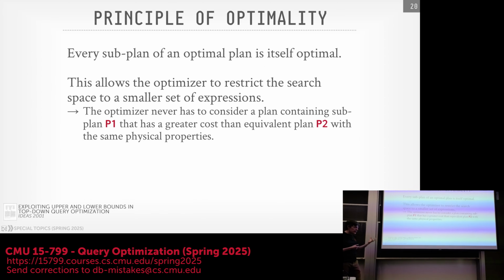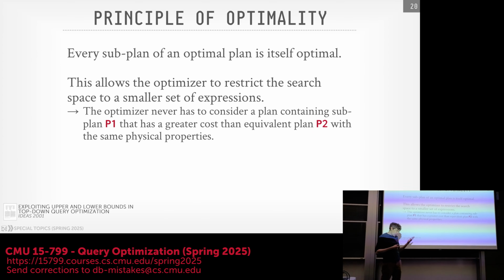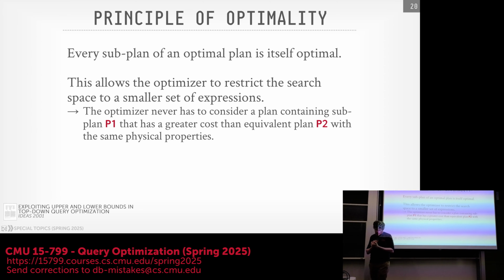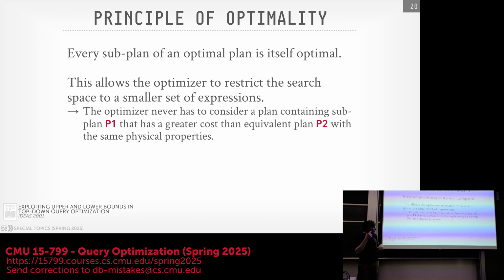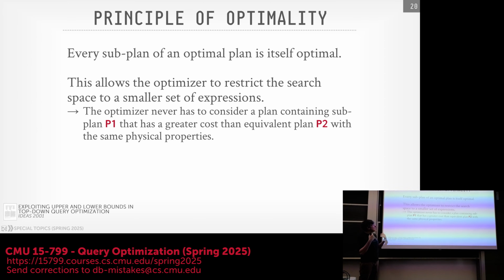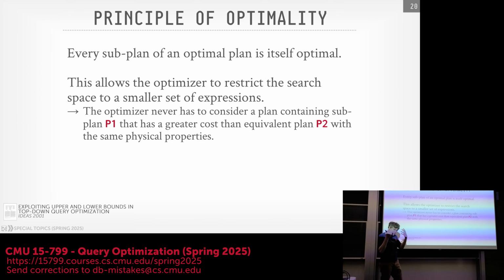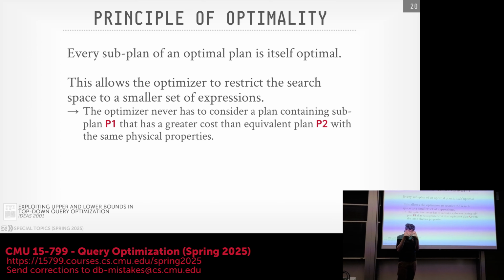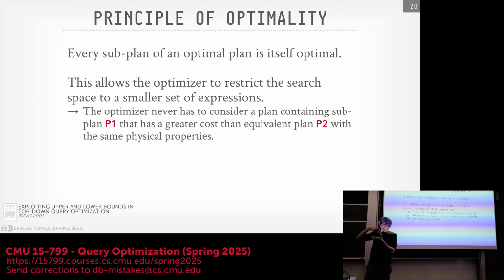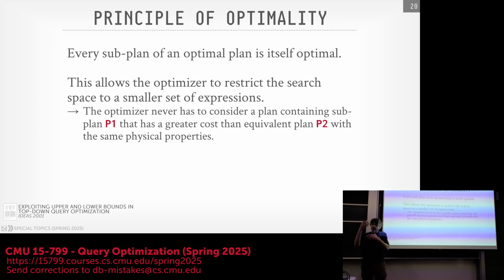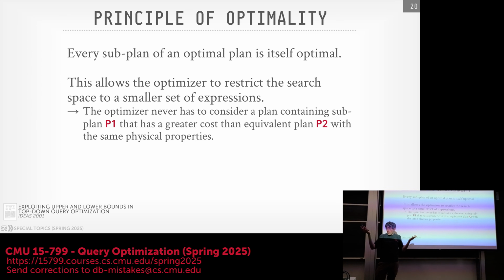So this is not specific to Cascades. Volcano would have the same property as well, and likewise with Starburst and System R. But it's this idea of Bellman's principle of optimality, and it basically just says that if I have a subplan in my query plan tree, and that subplan is the optimal subplan I could possibly have for that portion of the query plan, then by definition, the optimal plan will have to include that subplan, because otherwise the global optimal would not be the global optimal.